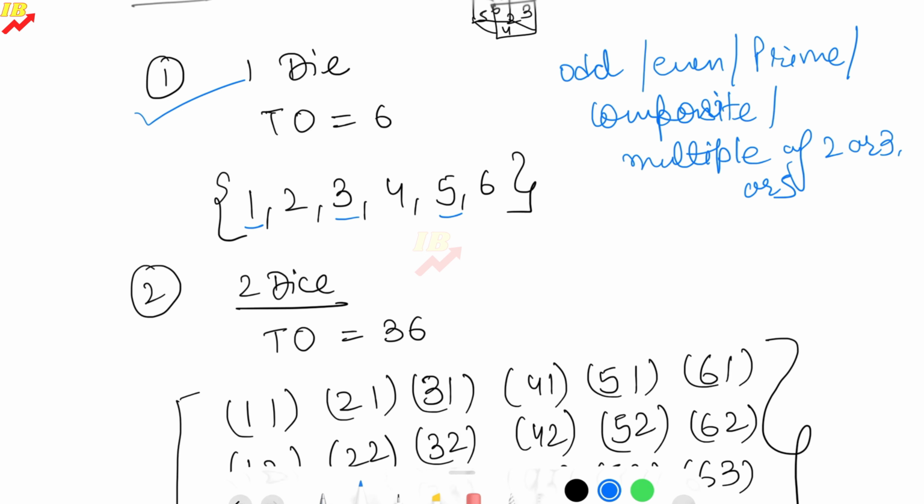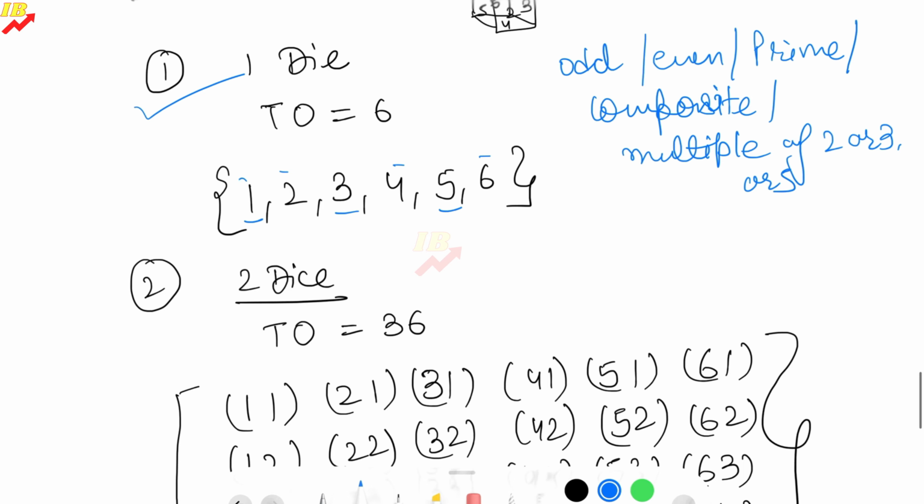Similarly, the even numbers are these. Okay, the prime number. Prime numbers are the numbers which do not have more than 2 factors. One is not a prime number, one is neither prime nor composite.